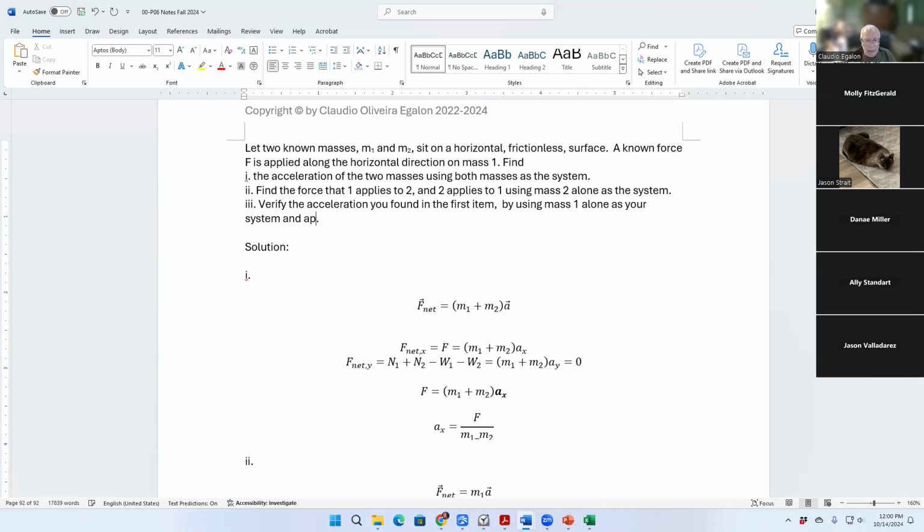That's how we should formulate this problem. And apply Newton's third law along the way. Okay, like that.